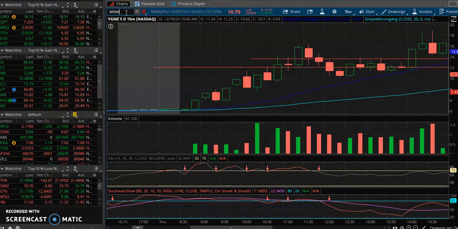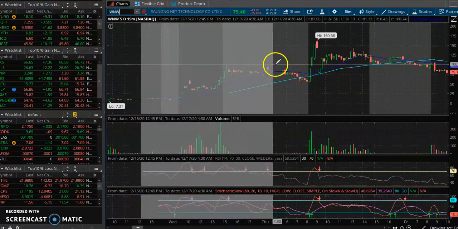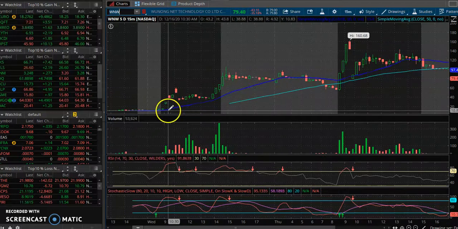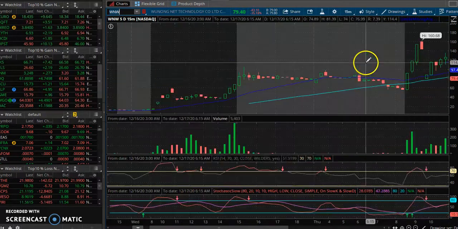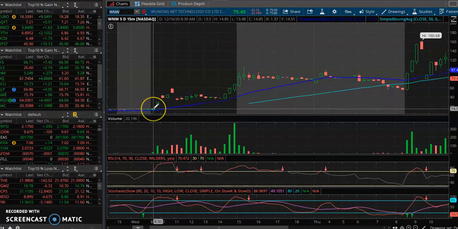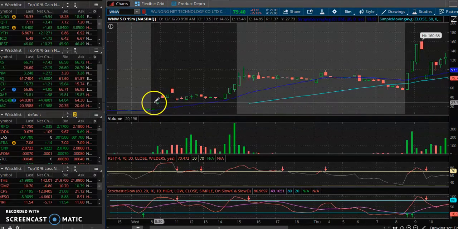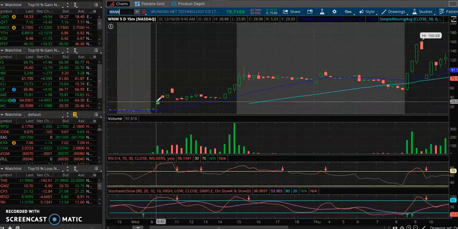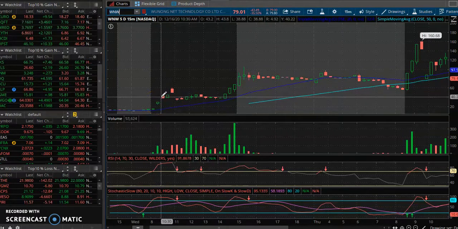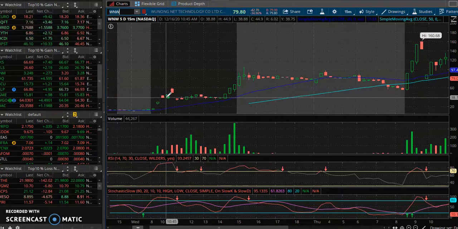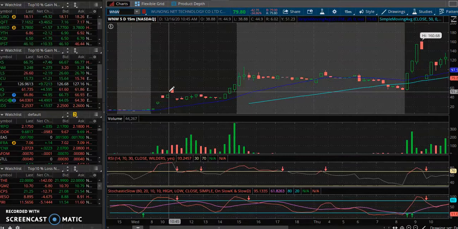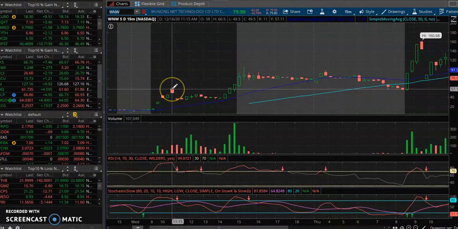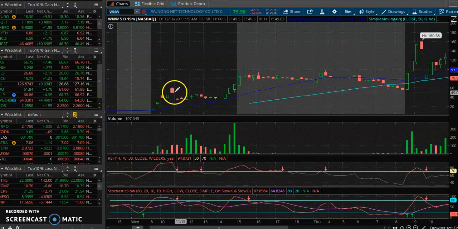What else? WNW. Okay, now this stock was crazy. Never really seen much like this. So you go from a halt at $14, it gaps up to $28, halts again, gaps up again to $40, halts on the way down, okay, opens back up, gaps up again to $60, halts on the way down, gaps down.